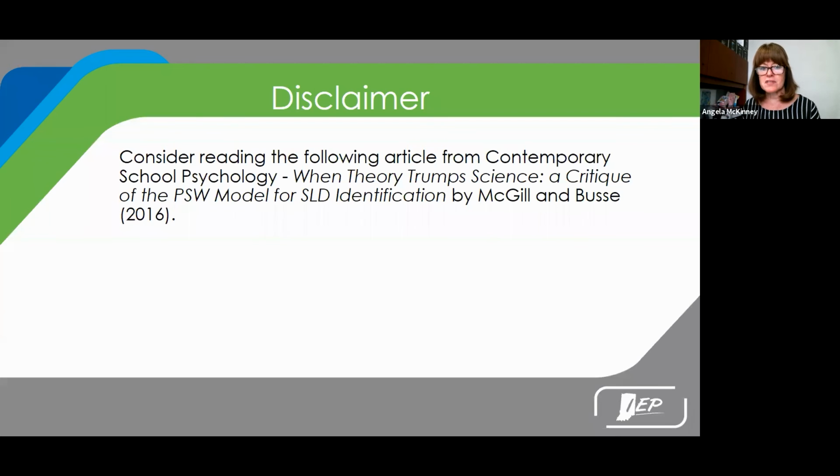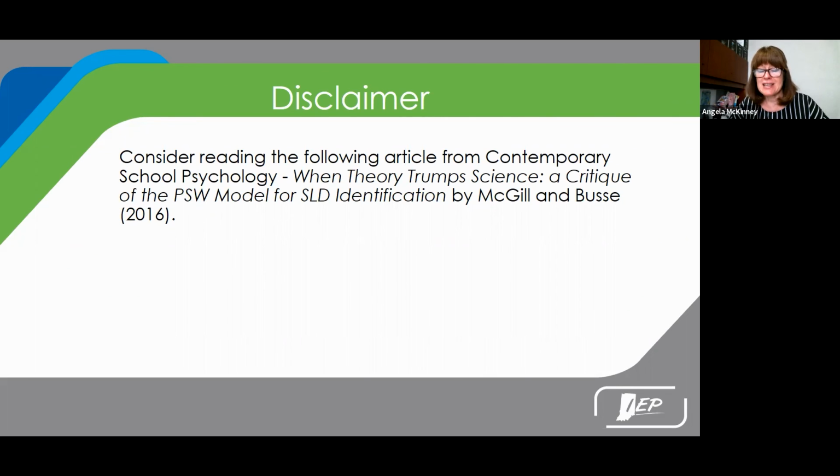Now that I've said all of that, I would highly encourage you to look up this particular journal article. There's a lot of difference of opinion out there within the field of school psychology specifically about whether there is good evidence for pattern of strengths and weaknesses.